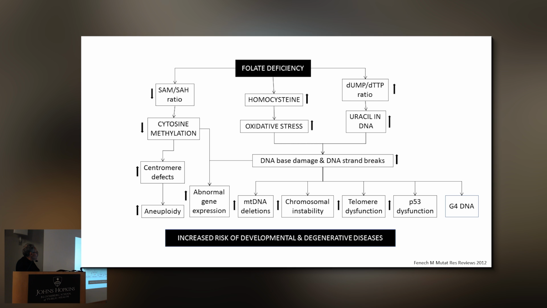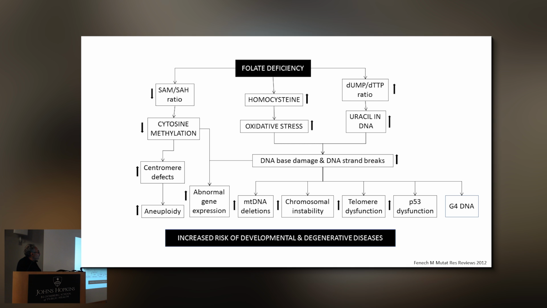Of course, we can have abnormal gene expression, and if that affects the DNA repair process, it might result in breaks in DNA from which micronuclei are produced. Elevation of homocysteine can lead to oxidative stress and DNA base damage and DNA strand breaks. And one of the specific lesions caused by folate deficiency directly is by increasing the uracil to dTTP ratio. Right? Thymidine is actually a methylated form of uracil. You could argue that thymidine is a measure of methylation, okay, just like 5-methyl-cytosine.